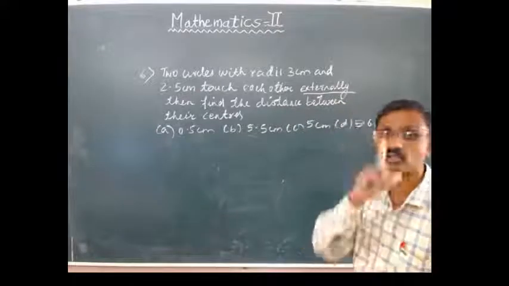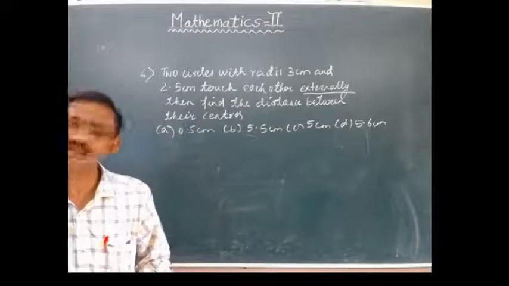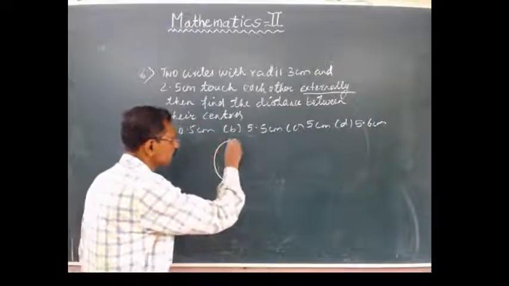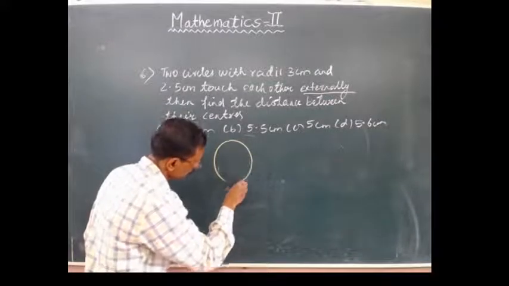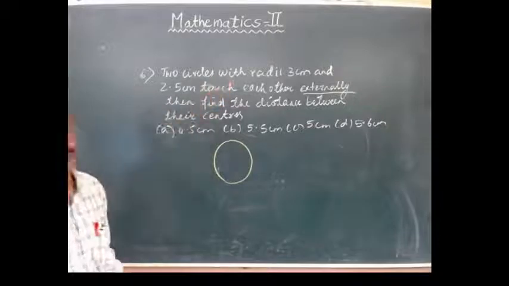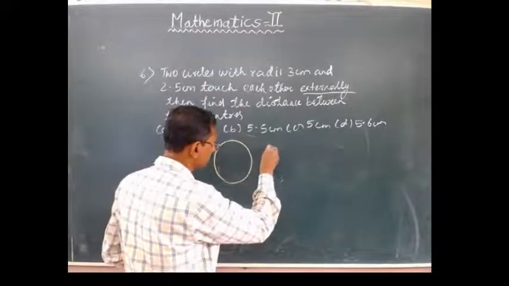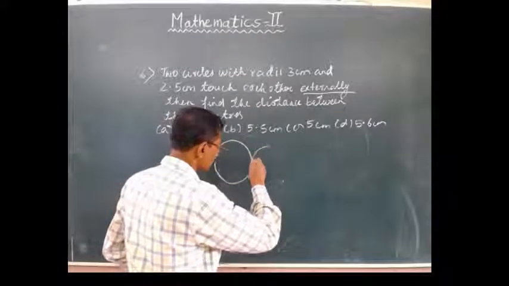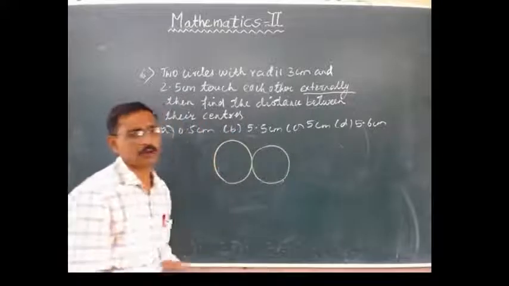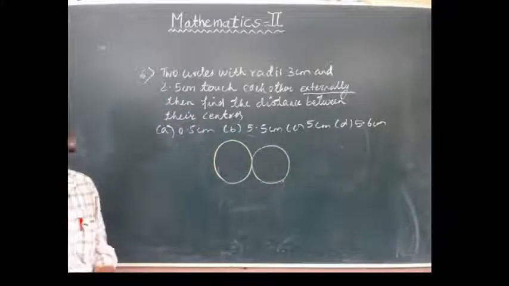So first let us draw one circle and see what it gives us, and then we will draw the next circle. This is one circle. Now this circle is of 3 centimeter. We'll draw one more circle which will be a little smaller, 2.5 centimeter.